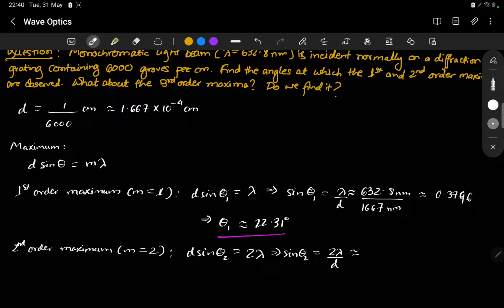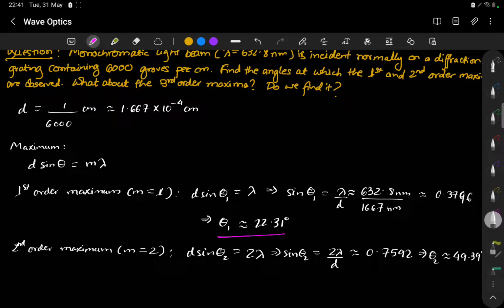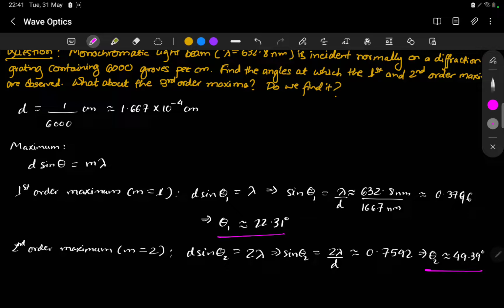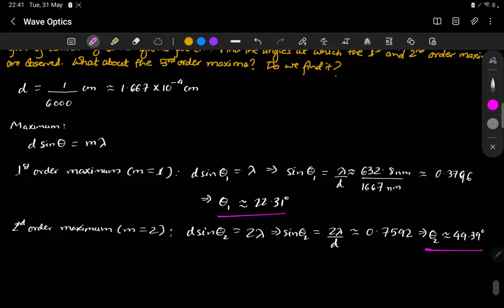So this comes out to be roughly 0.759, and this gives us theta 2 as approximately 49.39 degrees. This is plugging into the calculator.